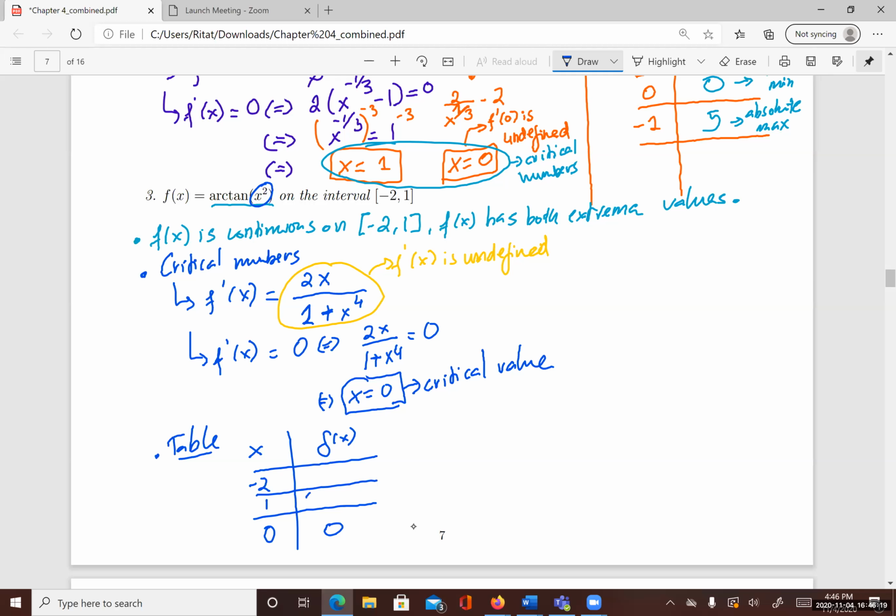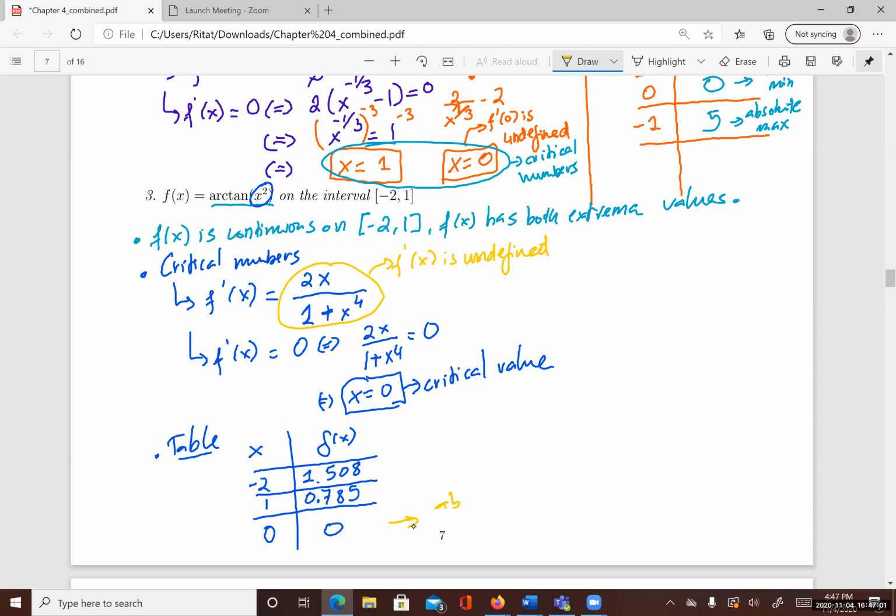It's going to be 0.785. And arctangent of 4, which is -2 squared, is going to be 1.508. All right, so I calculated these three values, x and f of x, and then I can see right away which one is the absolute max and which one is the absolute min.